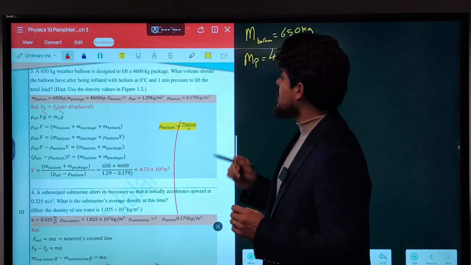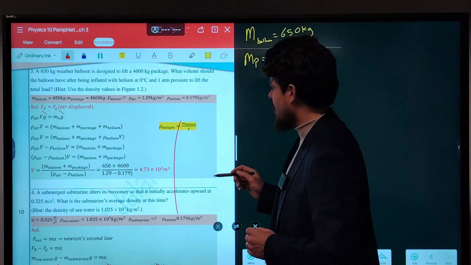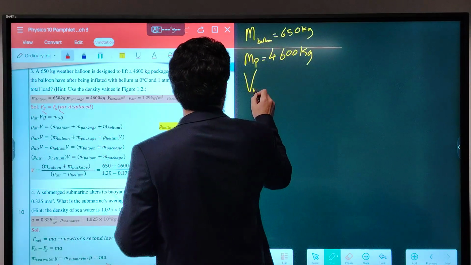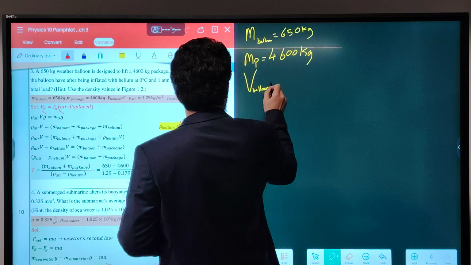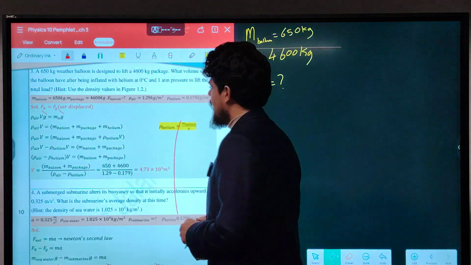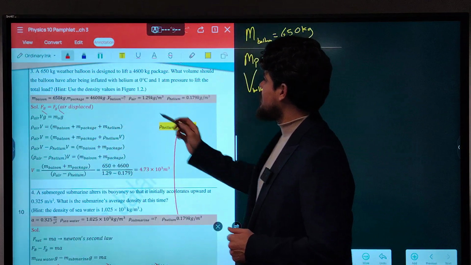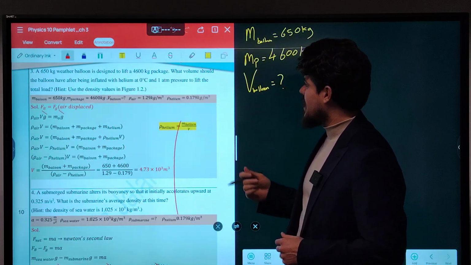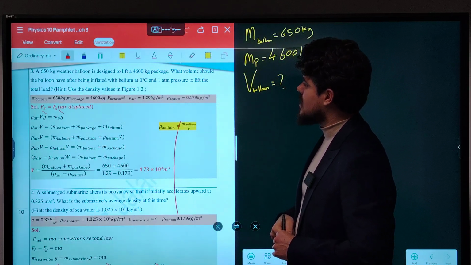What is unknown? The volume of the balloon is unknown, after being inflated with the helium at 0 Celsius and 1 atmospheric pressure to lift the total load.